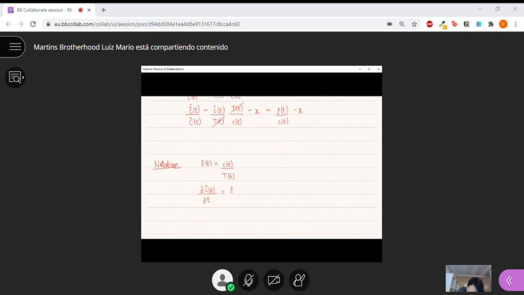Since the variable is c hat, we have c hat dot. So that's the notation here.